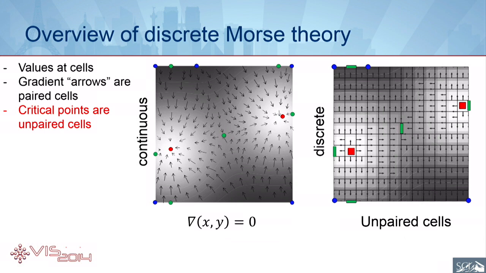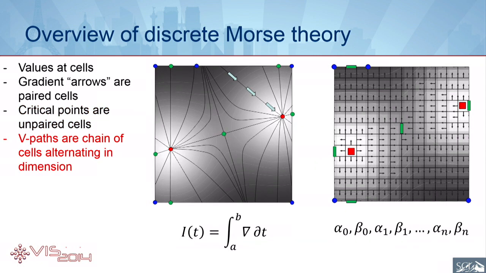The critical points in the smooth setting are where the gradient vanishes. In the discrete setting, they're just the cells that are not paired. And the index of criticality is given by the dimension of the cell. In the smooth setting, you have integral lines. In the discrete setting, you have V-paths, which are just chains of cells where you go from the head of one arrow to the tail of the next incident arrow, and so on.